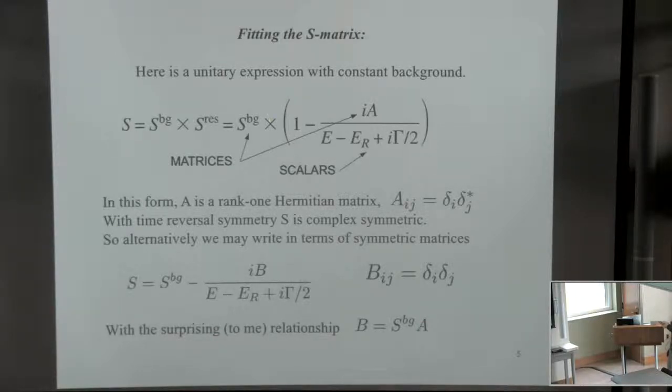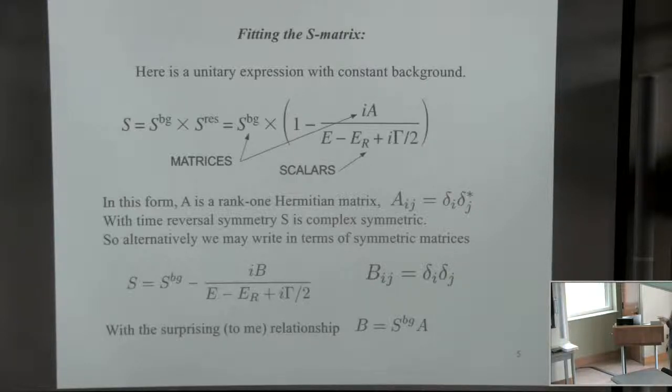There's a background S matrix right there times this matrix function right here, where this matrix A is a rank 1 Hermitian matrix. With time reversal symmetry, S is complex symmetric. So alternatively, we may write something like this, where the background S matrix and this B are both complex symmetric.